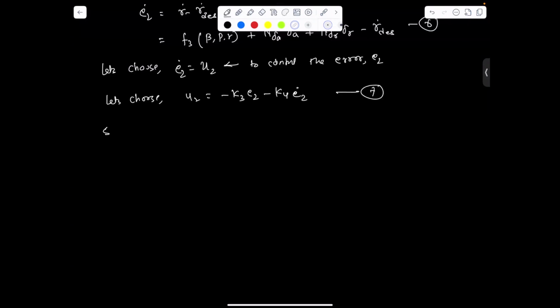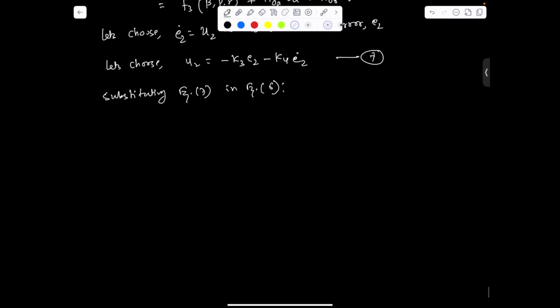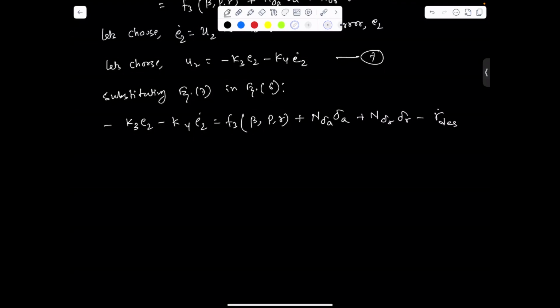Now substituting equation 7 in equation 6, we can write minus K3 E2 minus K4 E2 dot equal to F3 beta PR plus N delta A delta A and N delta R delta R minus r desired dot.